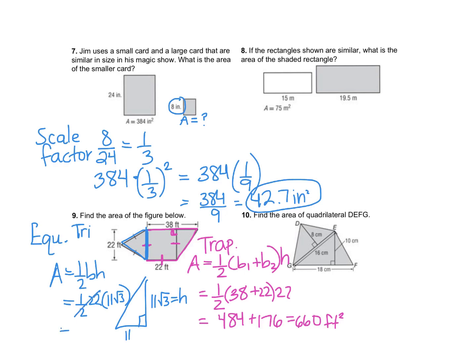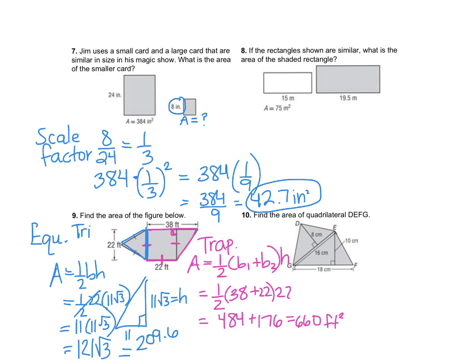So half of 22 is 11. 11 times 11 is 121. So then 121 times the square root of 3 gives us the answer for the area of the equilateral triangle, which is about 209.6. So then if I go ahead and add that to the 660 that I have, you should get about 869.6 square feet.